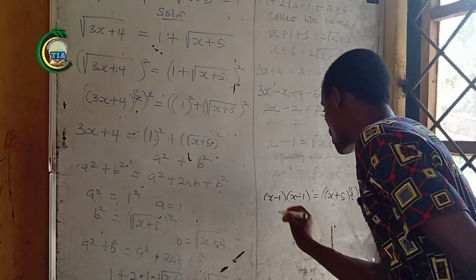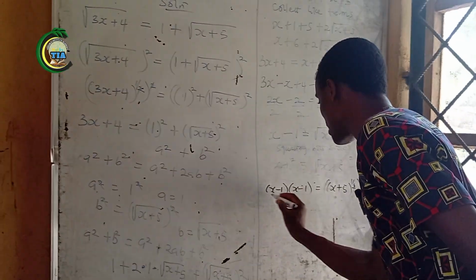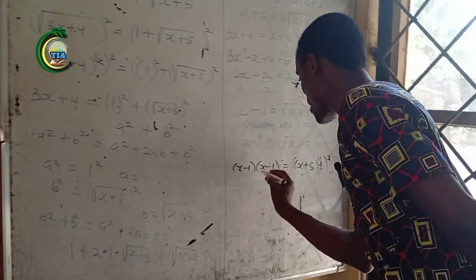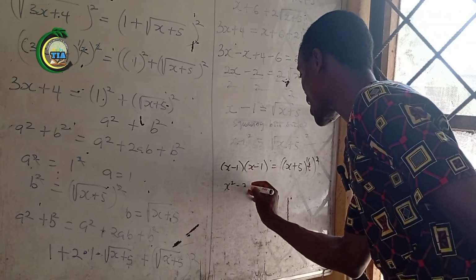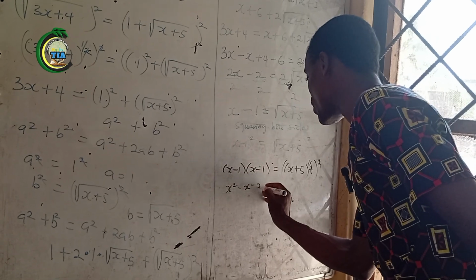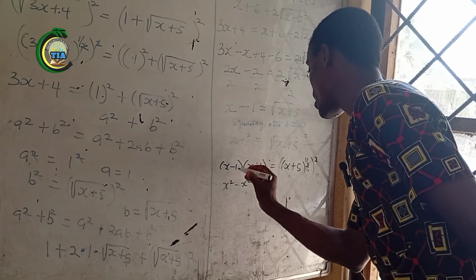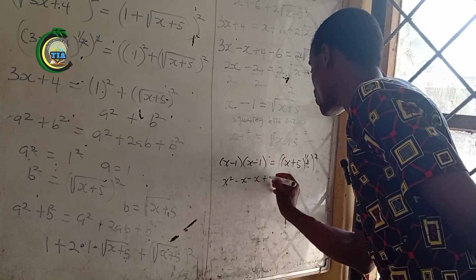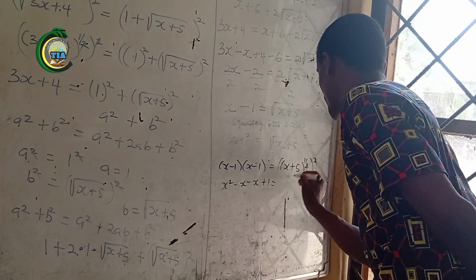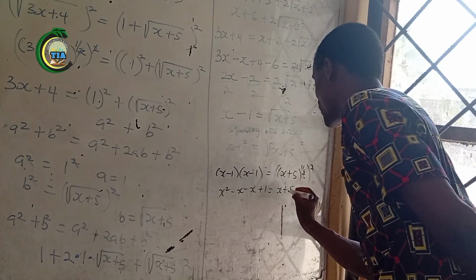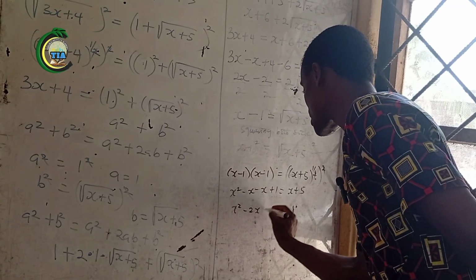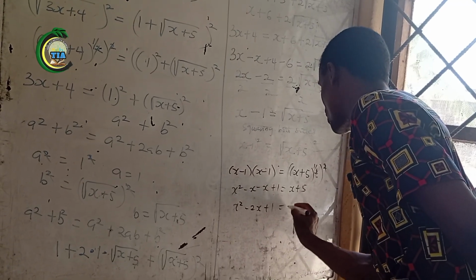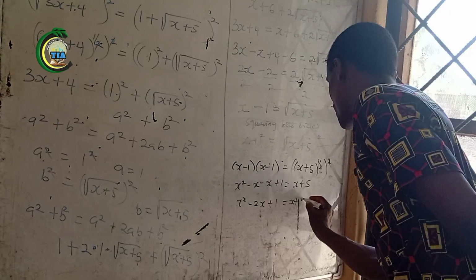This will cancel out. So we expand this. x times this will give us x squared, x times this will give us minus x, minus 1 times x will give us minus x, and minus 1 times minus 1 will give us plus 1, equal to x plus 5.